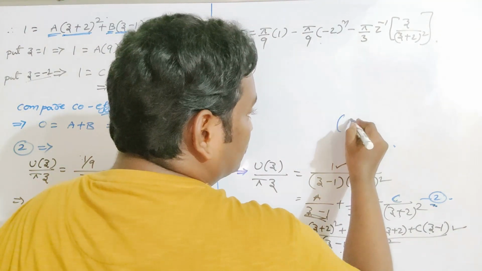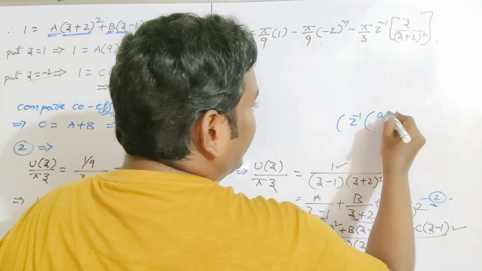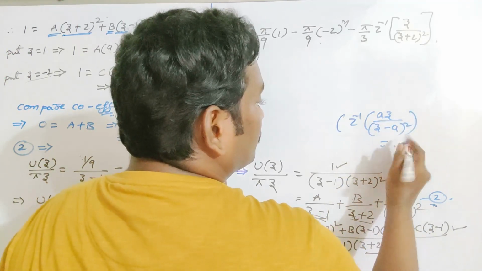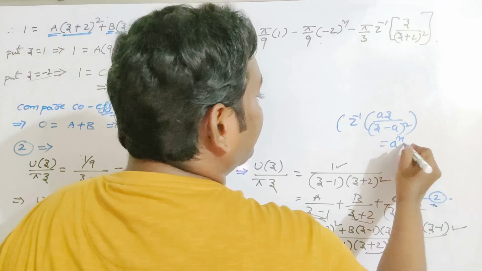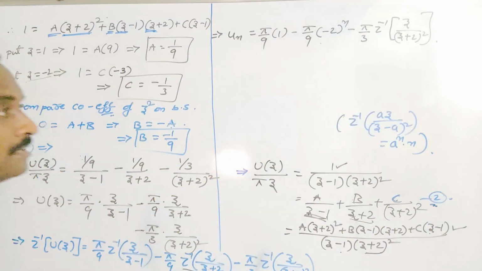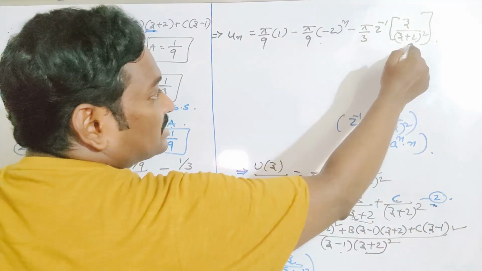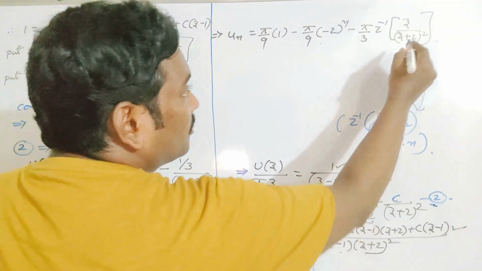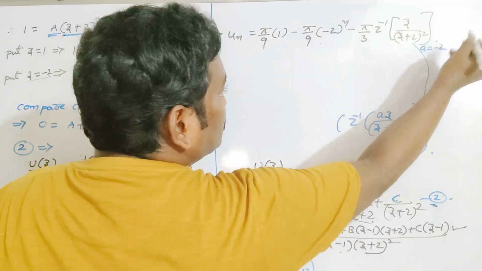Look at that one: z inverse of az by z minus a whole square. We got this formula by using the damping rule, a power n into n. Compare this last term with this formula. We are observing that in the denominator we have a is equal to minus 2.